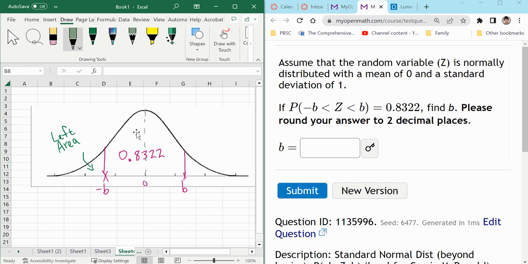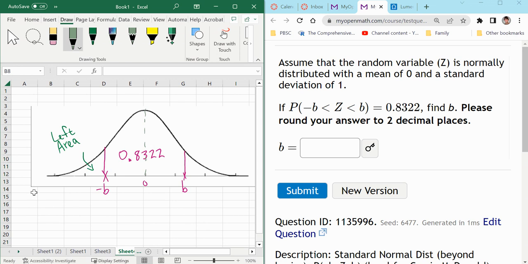Like if you fold it on this line, everything matches up. And we know that the total area is 1. So all we need to do is start by subtracting the middle area, 0.8322, from 1, and that'll give us what's left in the two tails together. And then whatever that area is that makes up the two tails total, half of that would be in the left tail.